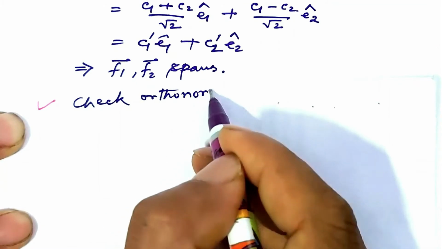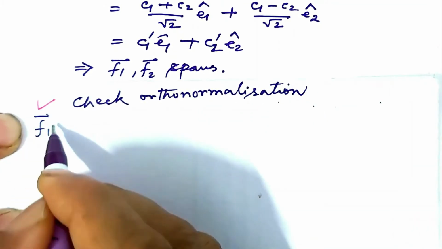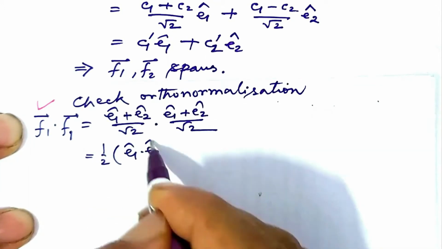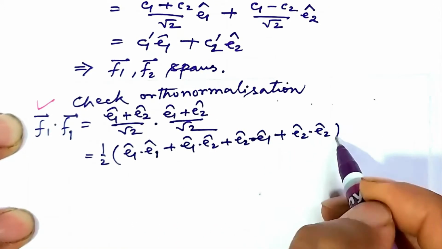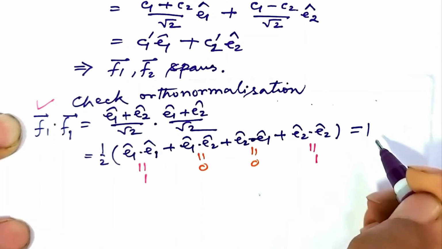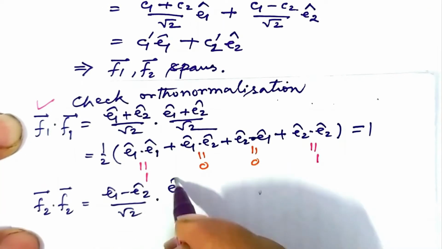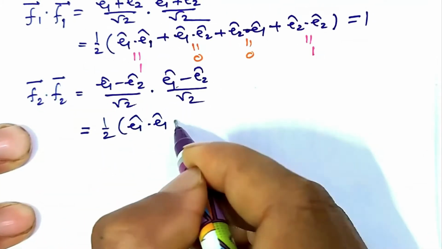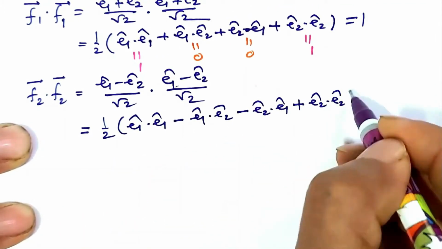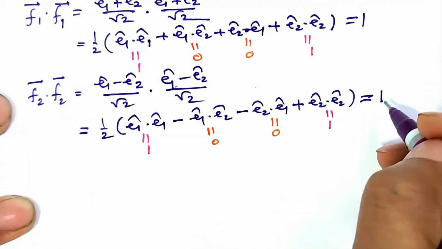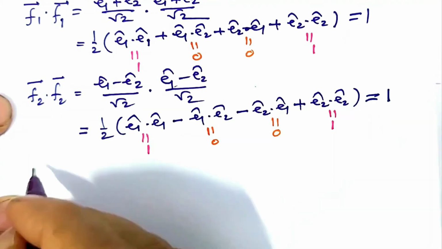We check orthonormalization. Vector f1 dot vector f1 is 1 and vector f2 dot vector f2 is also 1. So vectors f1 and f2 are normalized.